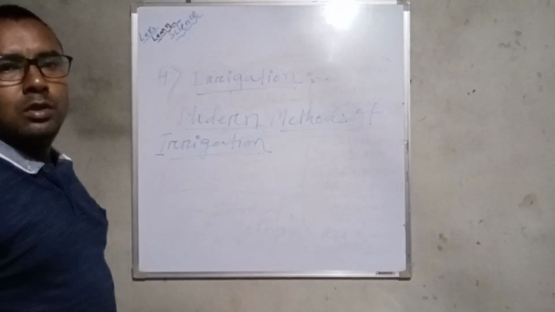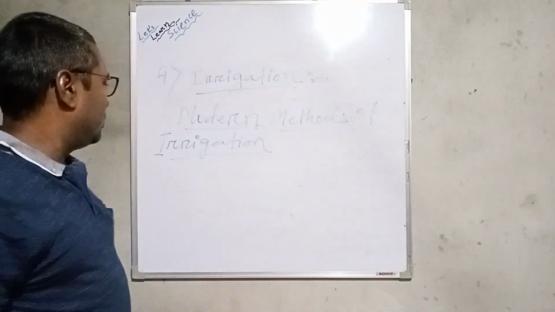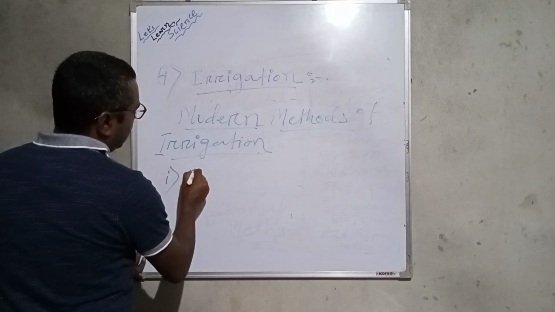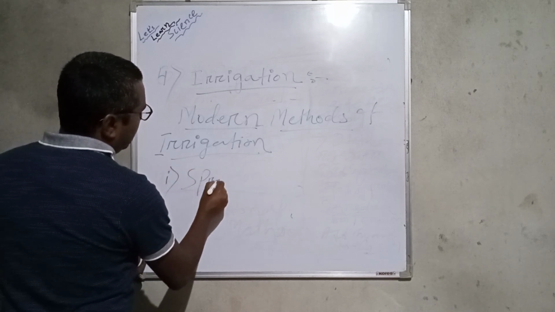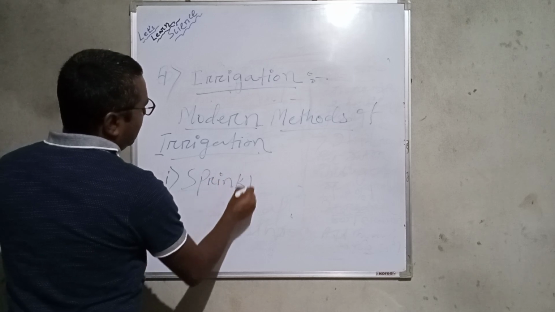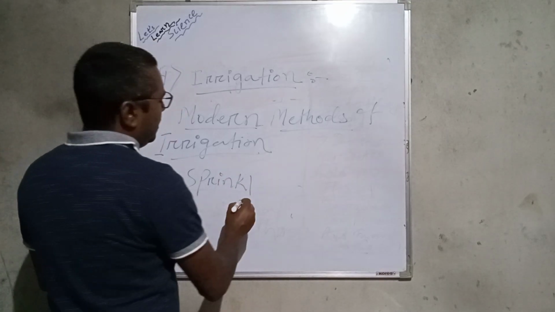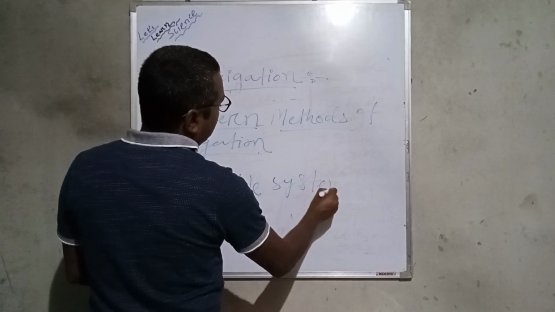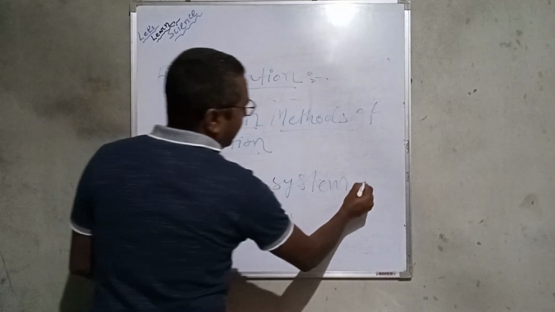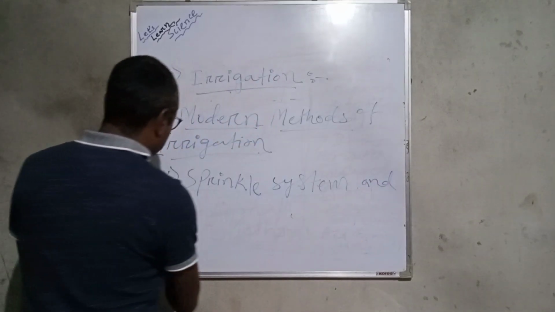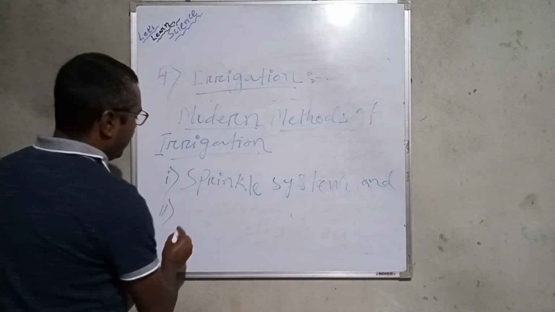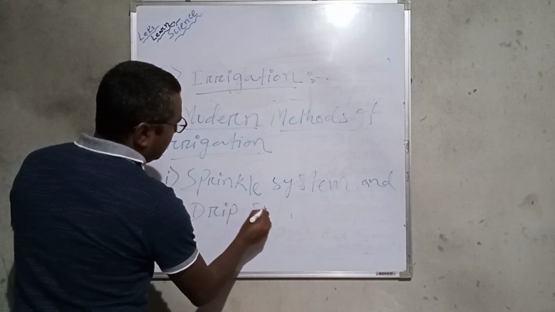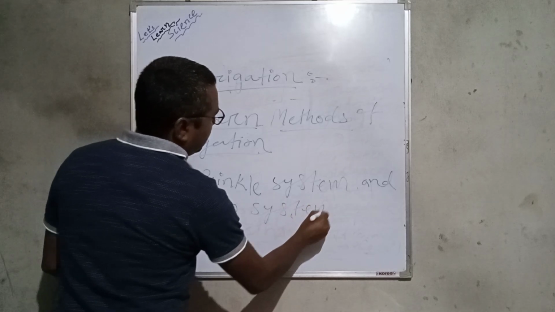There are two modern methods. One, sprinkler system, and number two is the drip system.